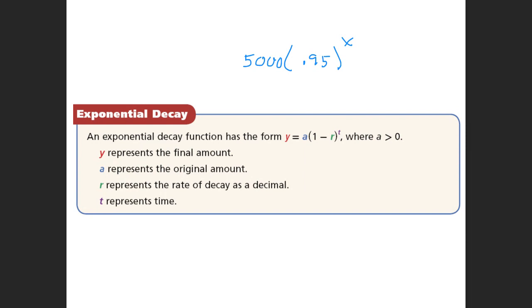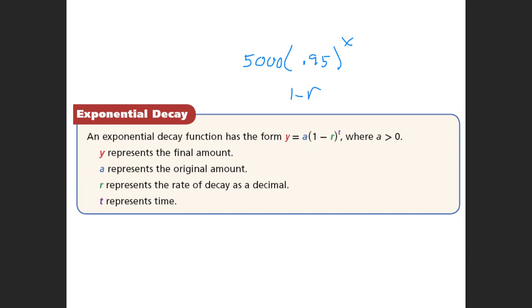And I'm going to ask you, what is the rate of decay? How fast is this thing decreasing? 5%. How many people are going to put 95%? So many people are going to say that this thing is decreasing at 95%. It's not. This is 1 minus r.